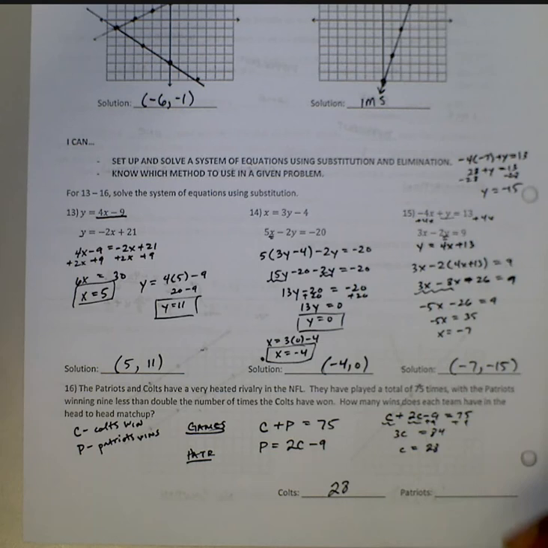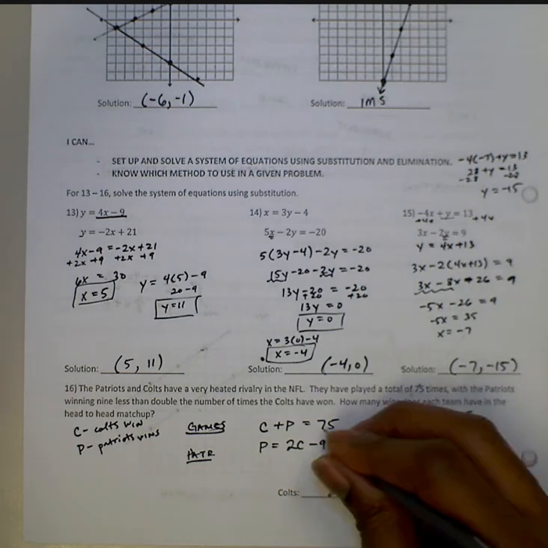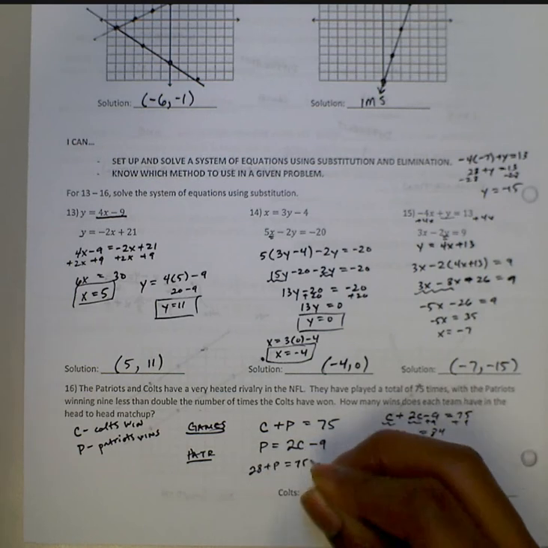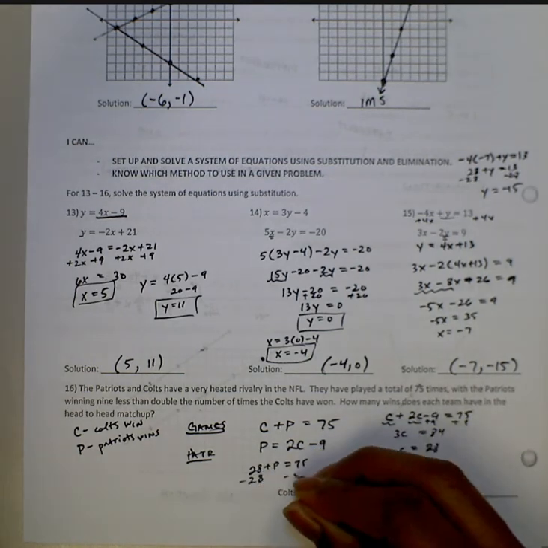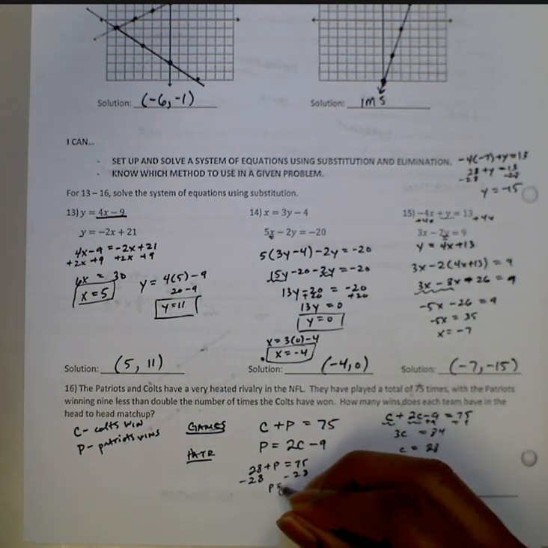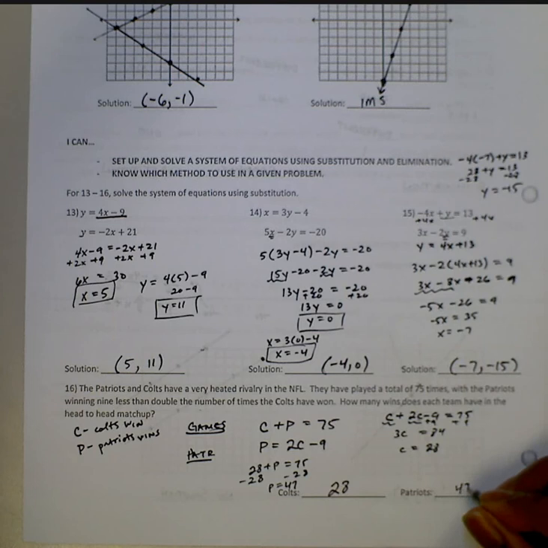Alright, so the Colts have won 28 times. If they played 75 times, 28 plus P equals 75. Subtract 28 from both sides, and that would be 47. So the Patriots have won 47 times.